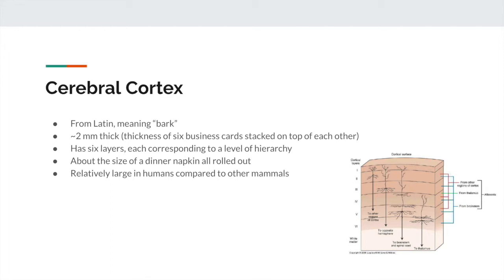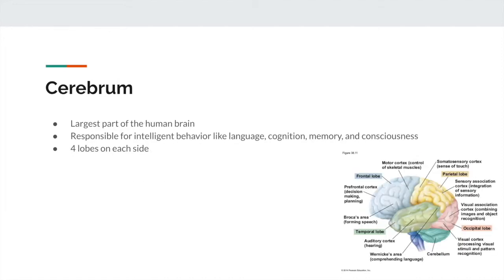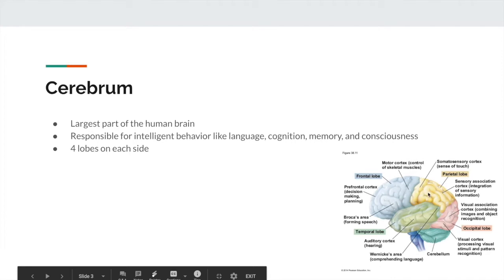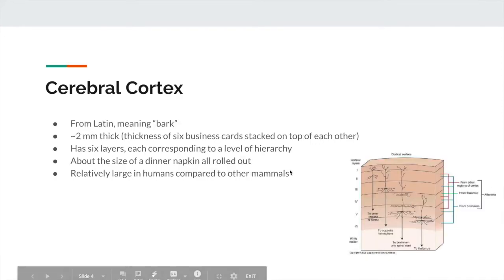Actually, before that, first we're going to talk about the cerebral cortex. So the cerebral cortex is basically the outermost part of the cerebrum. It's the first 2 millimeters of that, and it comes from the word cortex, which is actually a pretty popular term in biology. You'll hear lots of cortices in many parts of your body, but cortex just means bark in Latin, and basically the cortex, regardless of which lobe you're in, has 6 layers, and these correspond to different levels of hierarchy of processing.